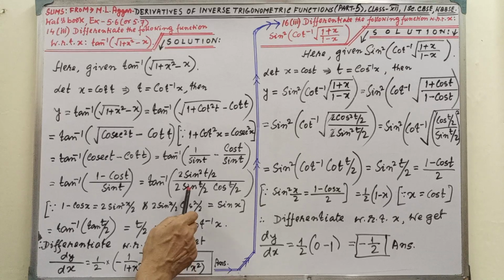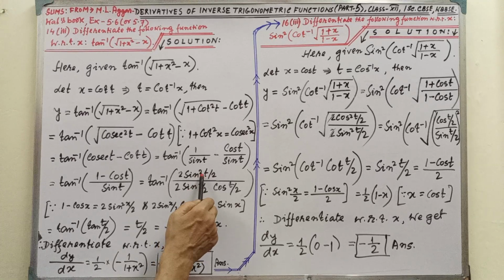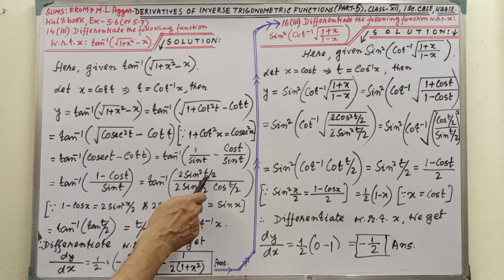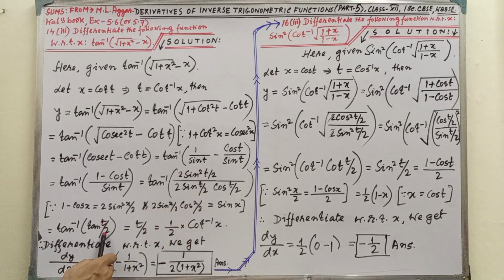Now if you notice, then easily you will understand, this 2 and 2 will be cancelled, and the square and sin t by 2 will be cancelled. Then what will remain? Here sin t by 2 divided by cos t by 2. Sin theta by cos theta, that is known to you very well, tan theta. In place of theta here is t by 2. Tan t by 2. Tan and tan inverse will be eliminated, so it will be t by 2.